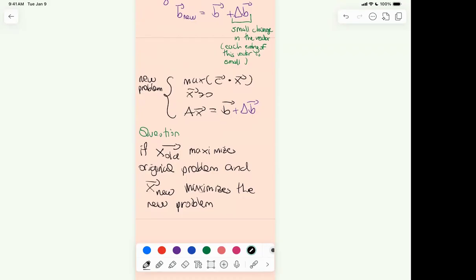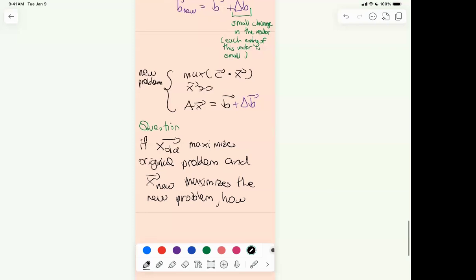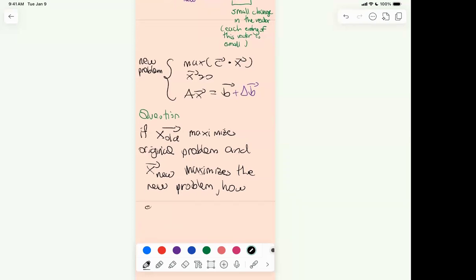How much do the optimization functions change? What is the difference?